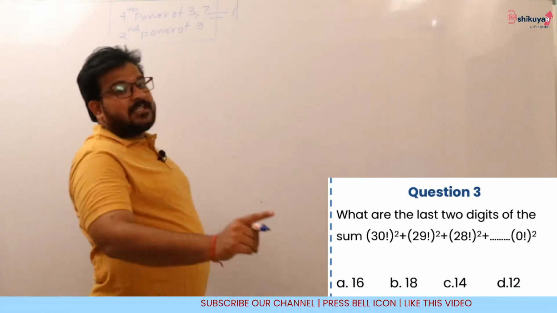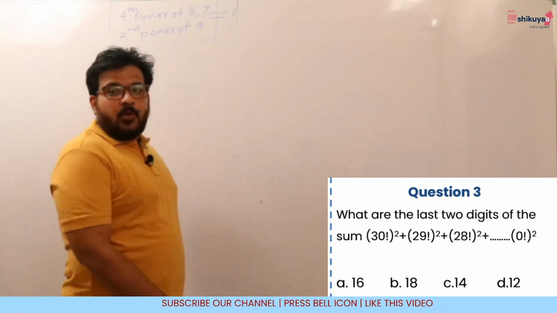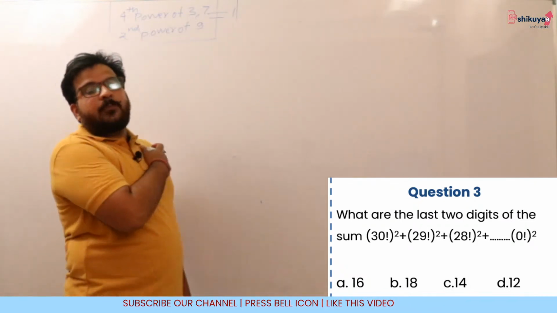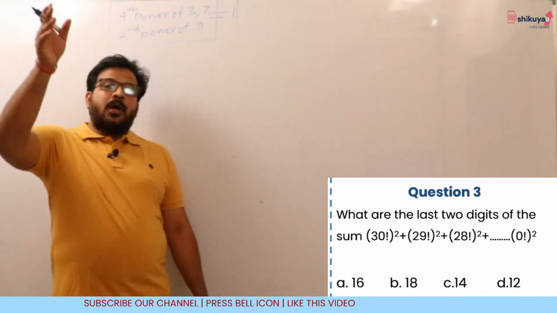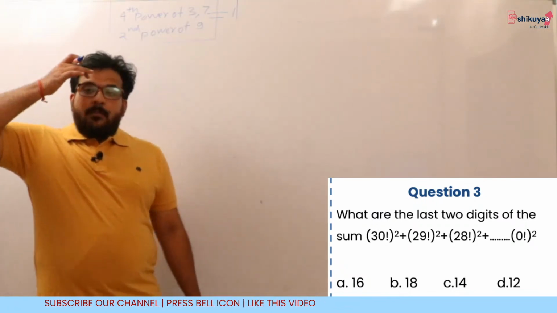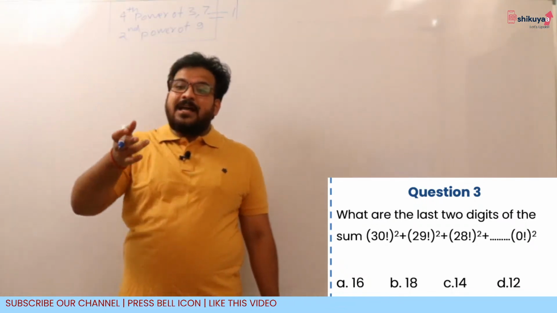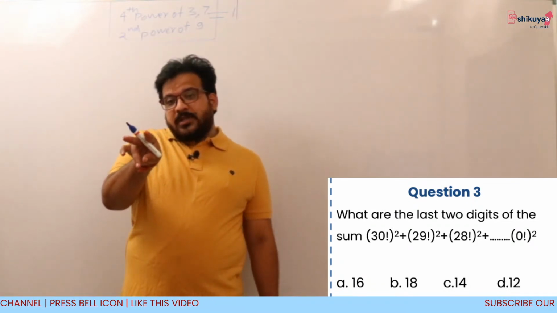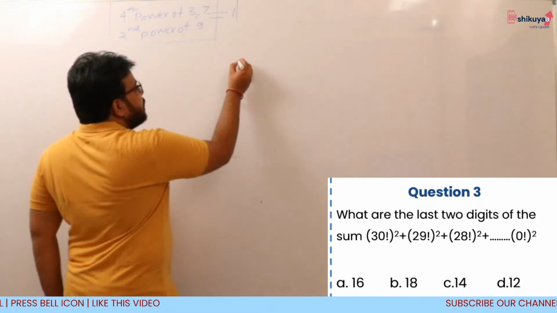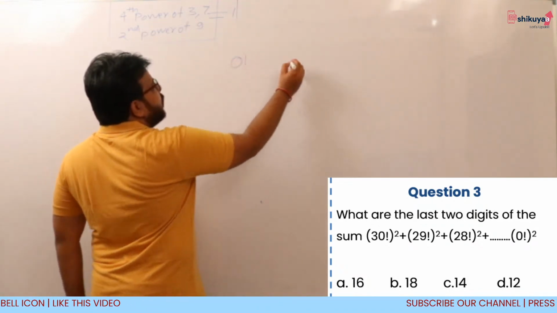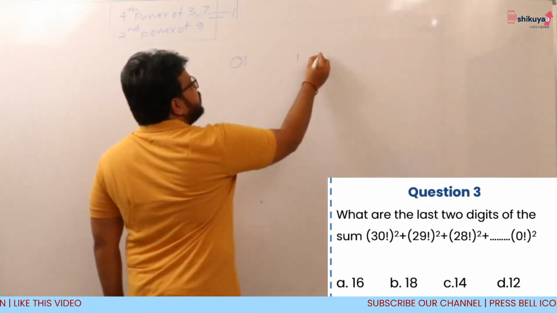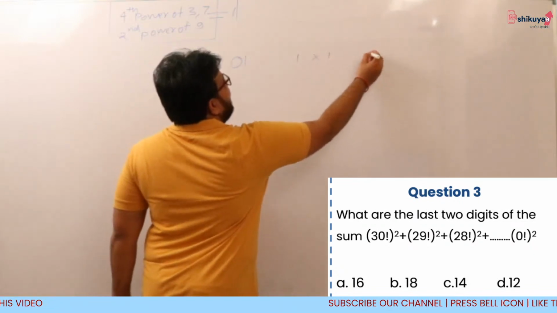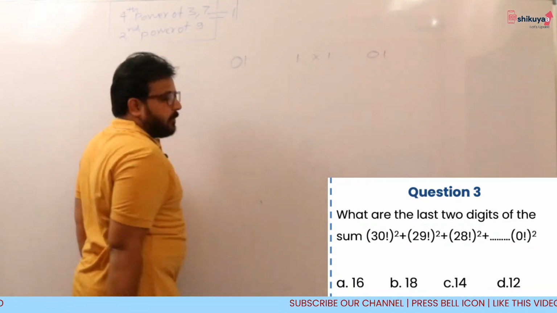And as there is a summation of these numbers, I am going to write in reverse way. Actually, the problem is 30 factorial raised to 2, 29 factorial raised to 2. But as we have done in the last problem, we are only bothered about the last two digits. Correct? So 0 factorial is 1 and it's a square, that is 1 into 1. The last two digits of this answer are 0, 1.